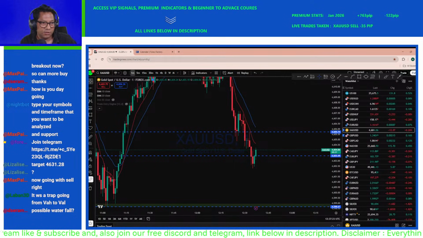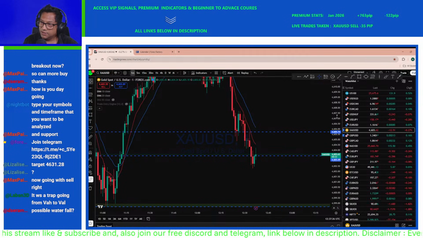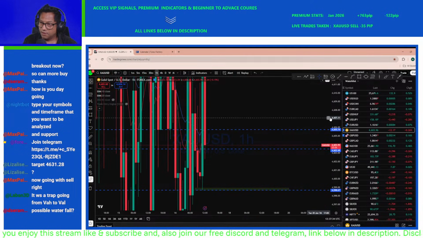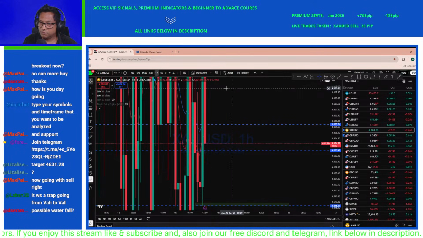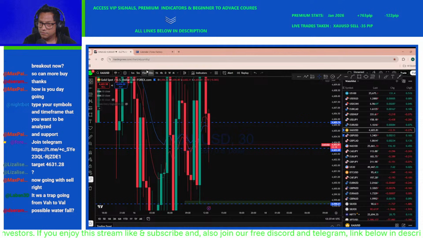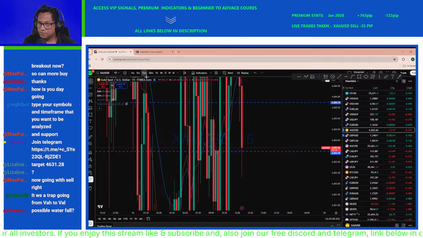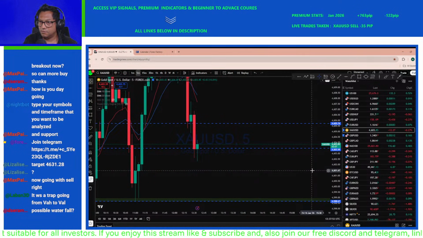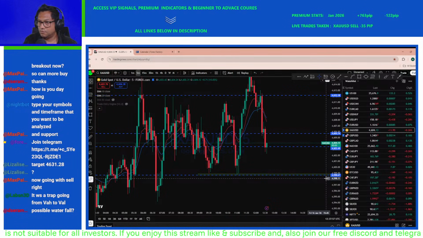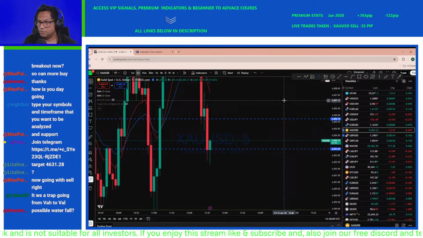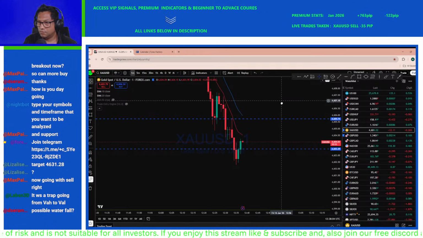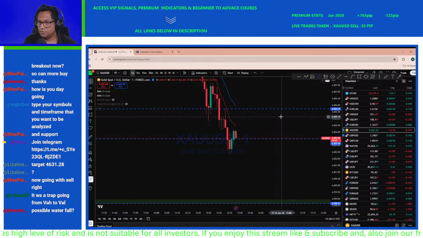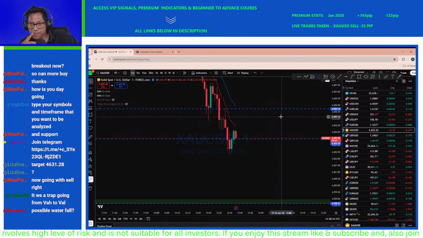So at the moment, if it creates a break of structure of this downtrend, that's where we can look for an entry for this move back below to the support level. You're looking for any entry.